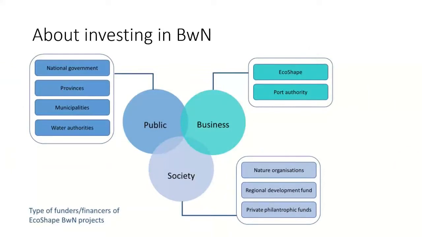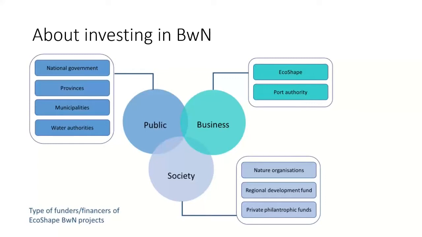When you have your business case, you can start talking to potential funders. And from the EcoShape project, we found out that there were actually quite a number of different funders or investors involved. From the public funders, not only the national government, but also provinces, municipalities, water authorities did fund part of the EcoShape projects.